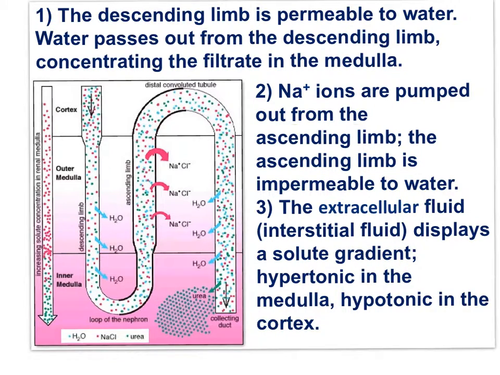Sodium ions are pumped out from the ascending limb. The ascending limb is impermeable to water. Sodium is pumped out as the filtrate moves up the ascending limb of the loop of Henle. And the extracellular fluid, the interstitial fluid around the tubules, displays a gradient, hypertonic in the medulla, hypotonic in the cortex.